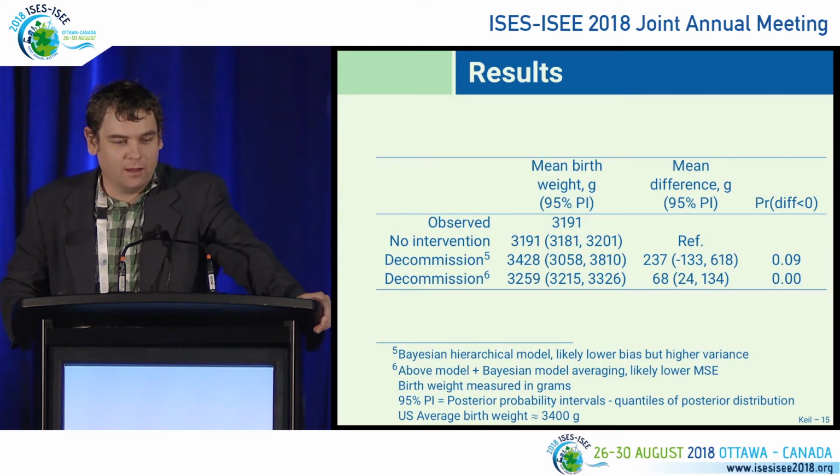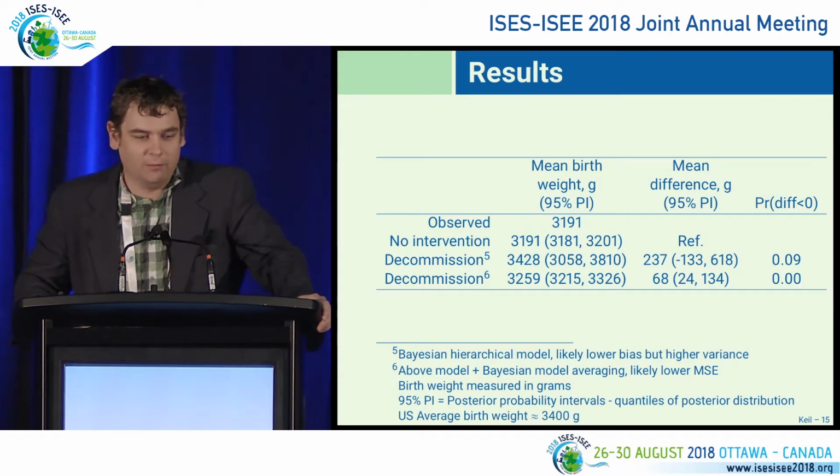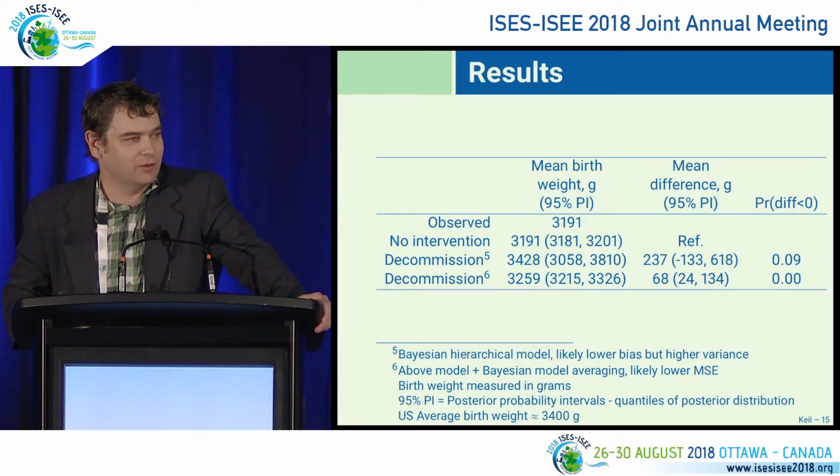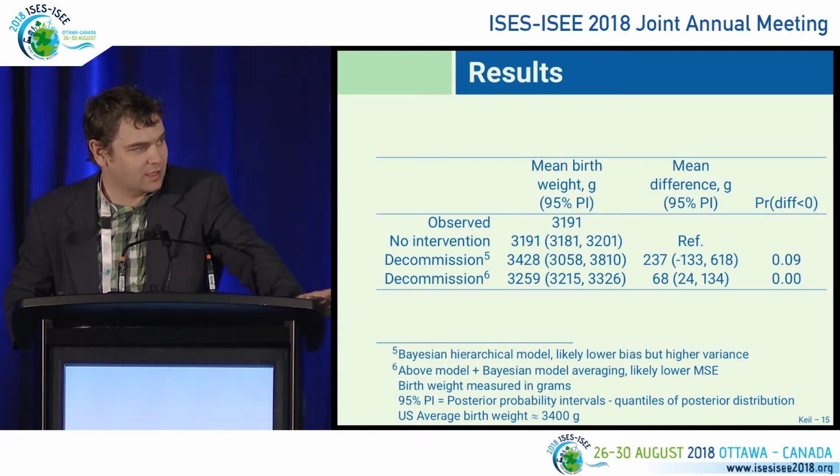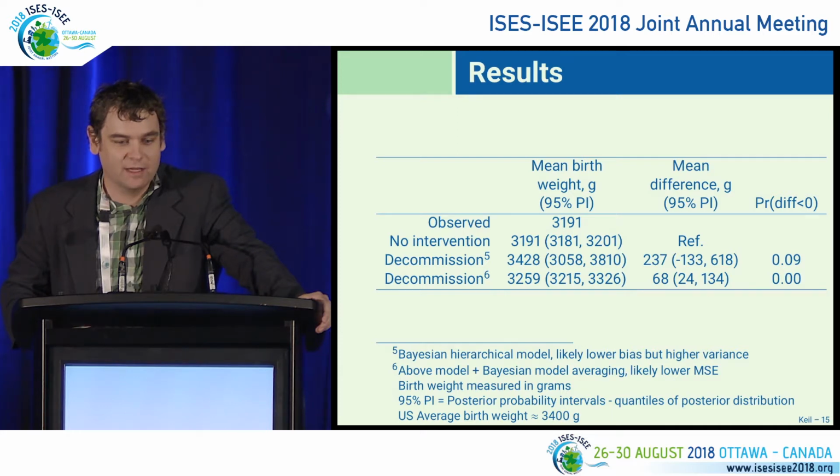Thinking about now what would happen if we decommission the coal-fired power plants, again, we compared two statistical models. The first one is just this vanilla-flavored Bayesian hierarchical model that we think may be unbiased, but certainly is going to be high variance. And we see that with the mean birth weight and then the mean difference in grams.